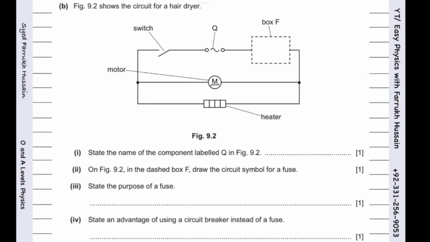Figure 9.2 shows a circuit for a hairdryer. State the name of the component labeled Q in figure 9.2. Is that a switch? No, that's not a switch. Power supply. This is the symbol for AC supply, alternating current supply.